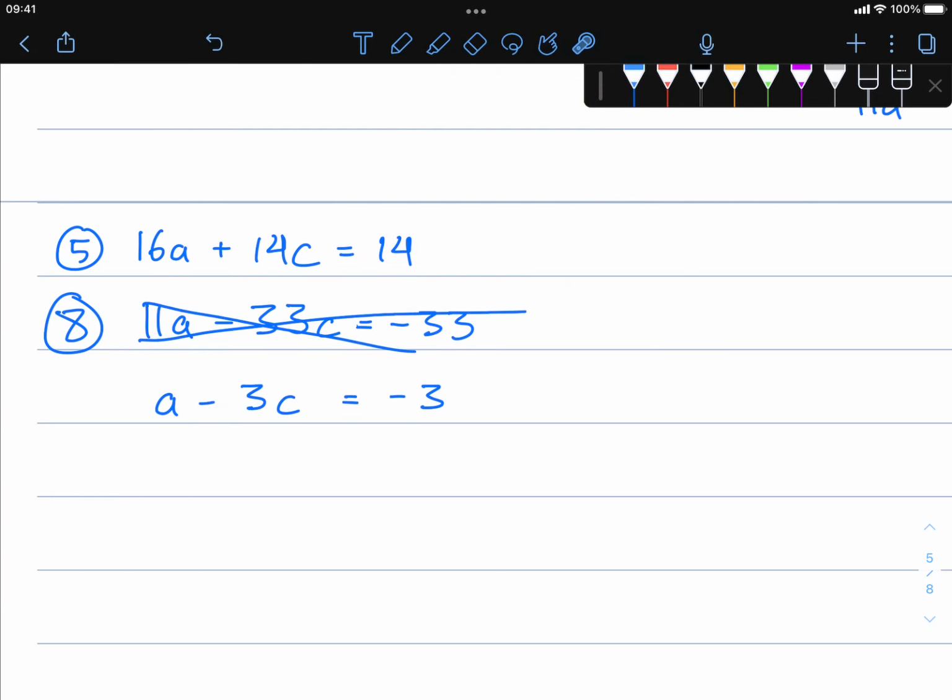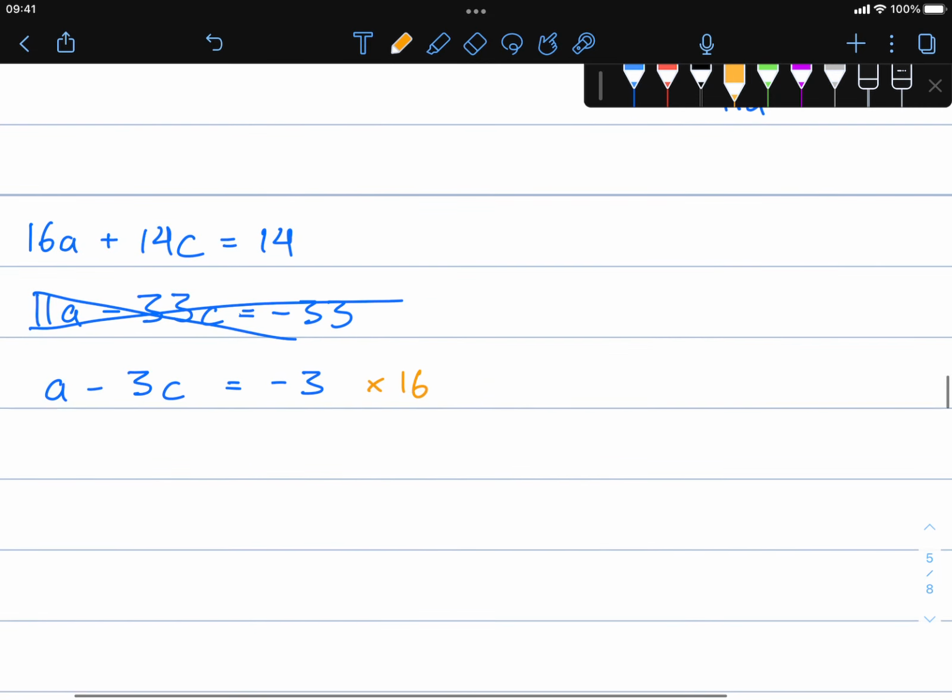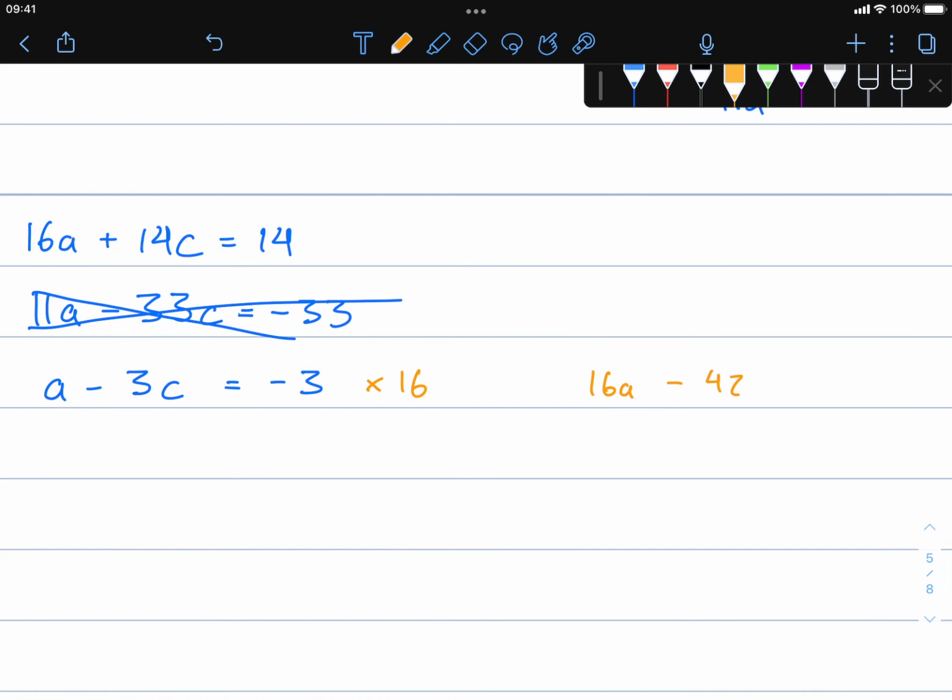And now let's eliminate a. It's a lot easier because I'm going to multiply this by 16. It'll become 16a minus 16 times 3. 16 times 3 is negative 48c equals negative 48. And this will remain the same.